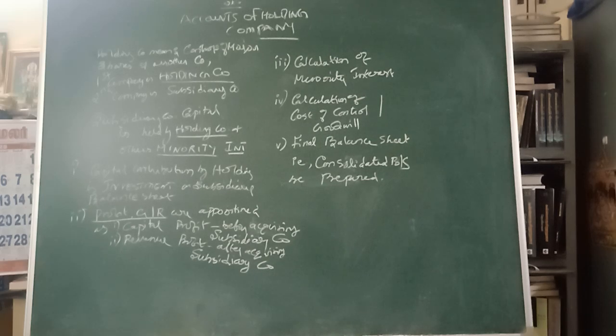If a company controls the majority of shares, then it is called a holding company. Even if the company does not have 51% of the shares, but it controls the majority of the activities, in that case also such a company is named a holding company.